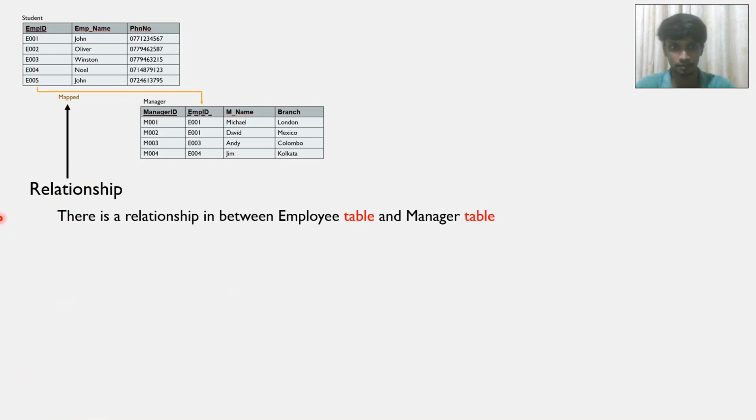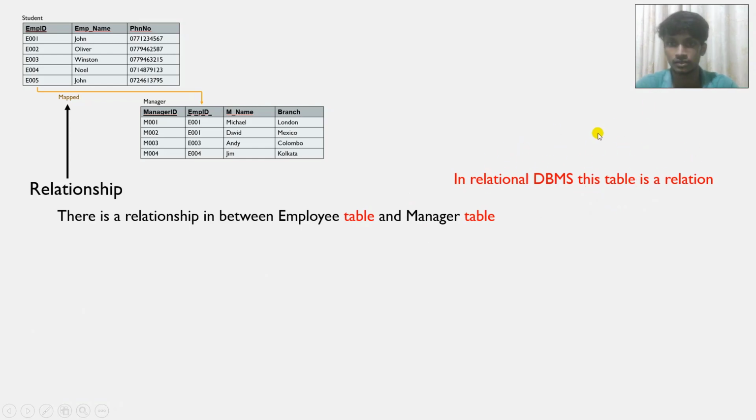So a relationship is a thing that exists in between tables. In here there is a relationship in between the employee table and the manager table, or employee relation and manager relation. And in a relational DBMS, this table is a relation.